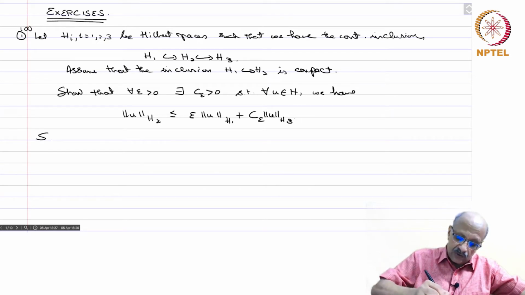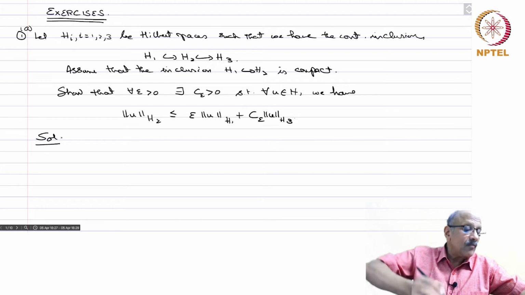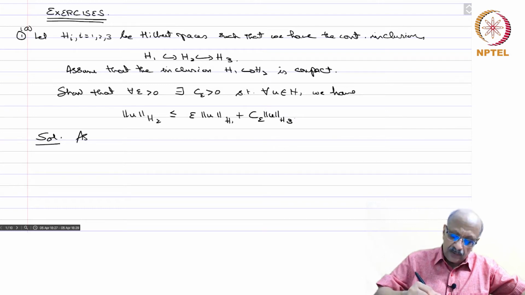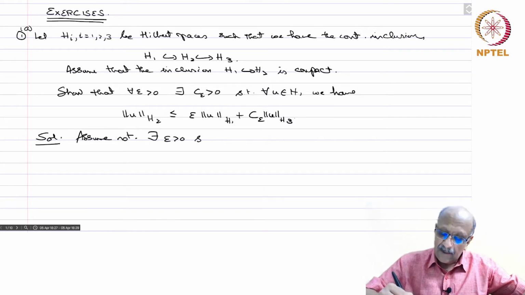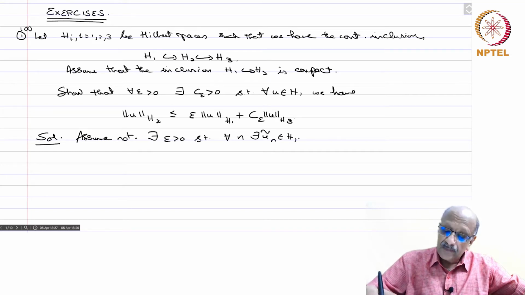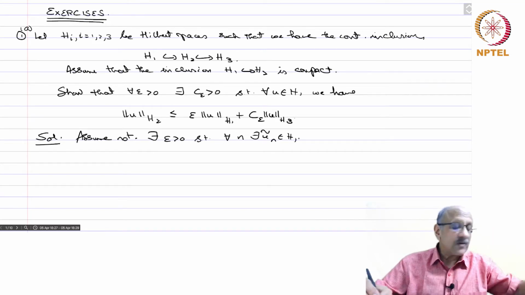Okay, so solution. Assume not, then there exists an epsilon positive such that for every n there exists a u tilde n in H1 which violates this with the constant n.